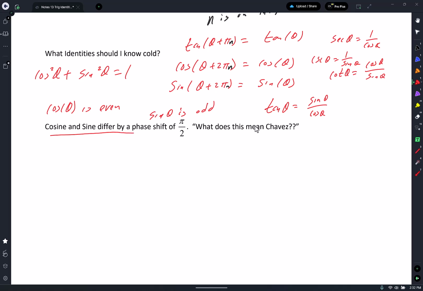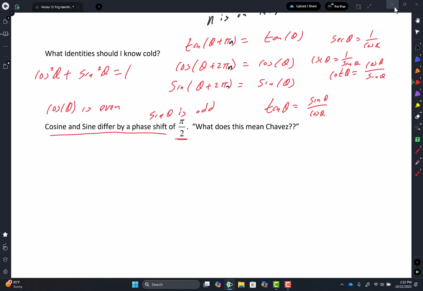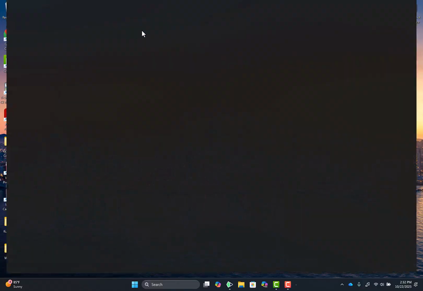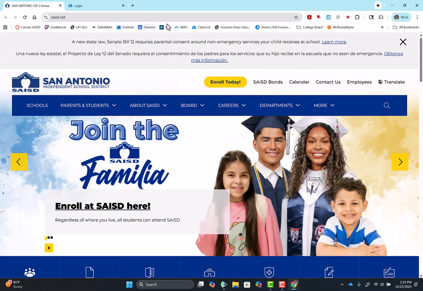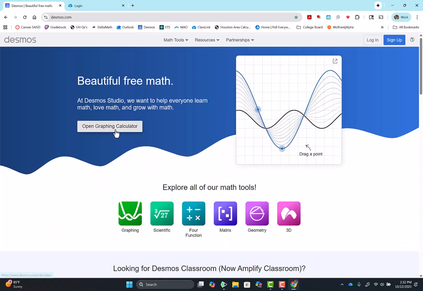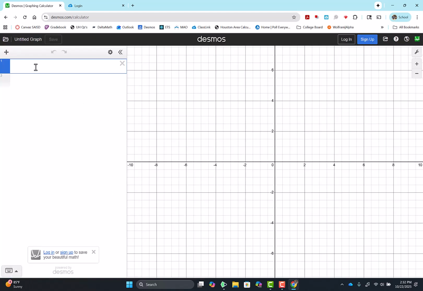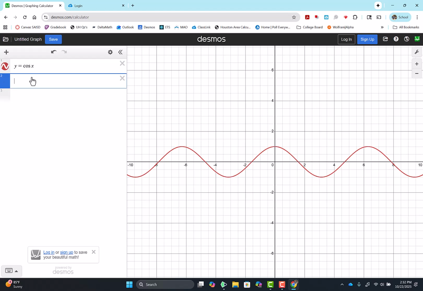Cosine and sine differ by a phase shift of pi over 2. Child, what does that mean? That means that if I go to Desmos and I grab cosine and sine, and I should, let's put good habits, all right, there's cosine, there's sine.